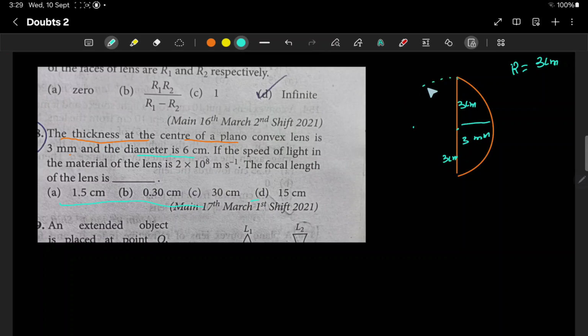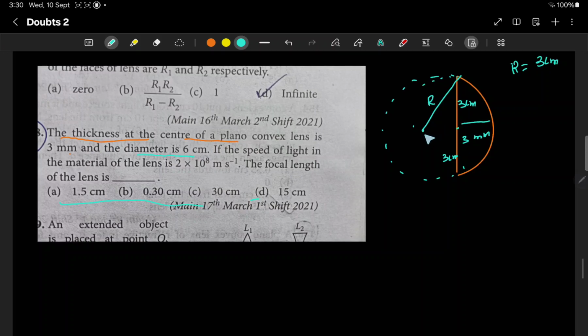Now if you finish this sphere, not circle, it is a sphere, it will have a center here. The radius is unknown. Don't take it as known. And here this distance will be, I know this is 3 millimeter, so this will be r minus 3 millimeter. If we are using centimeter as the unit, this is r minus 0.3. This is what we have now.